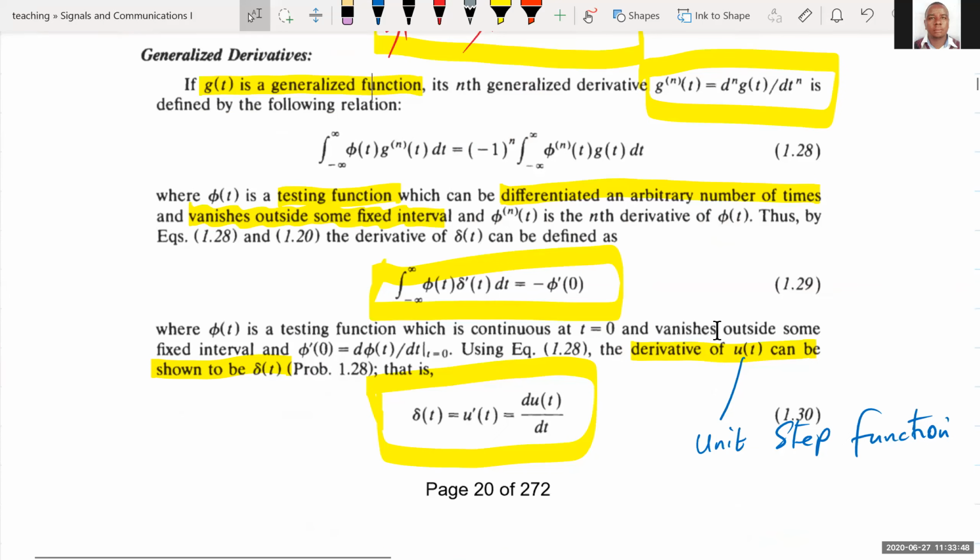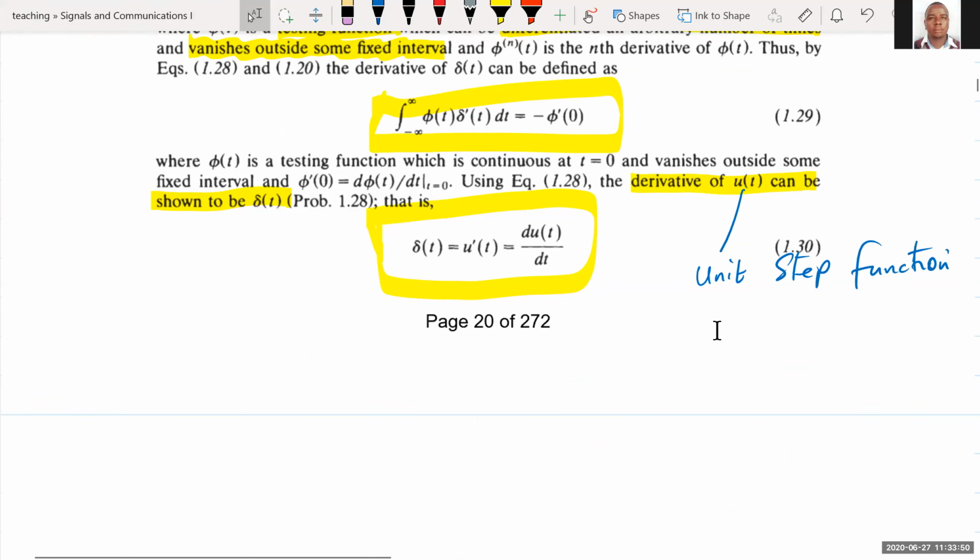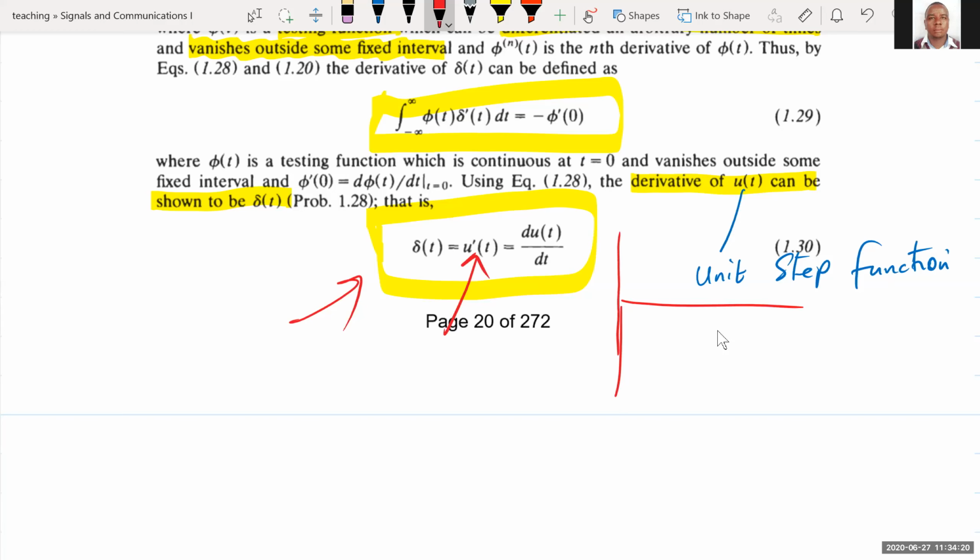The only bit I want to mention is that we can use the derivative, as mentioned earlier, to express the delta function in terms of the unit step function, or rather a derivative of the unit step function. I hope that sinks in. So if our function is defined as this, this is my unit step function.